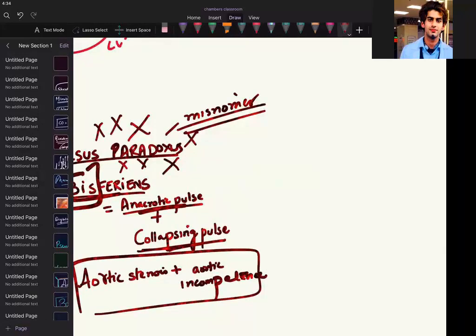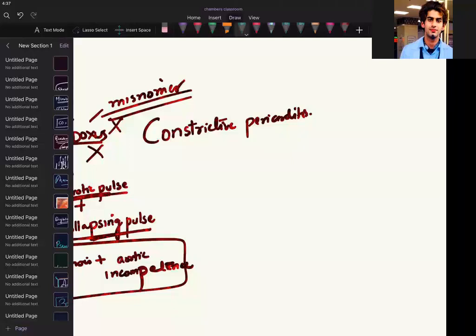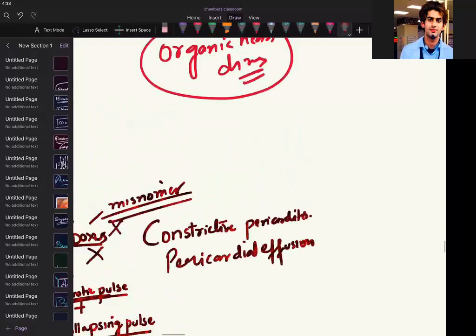You will see it in constrictive pericarditis and pericardial effusion.